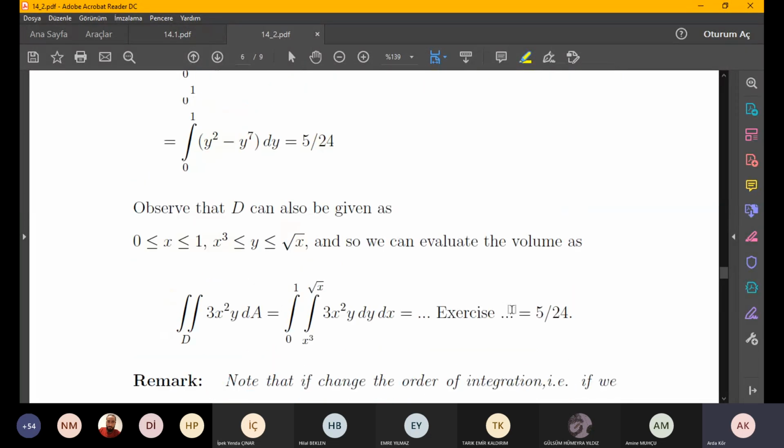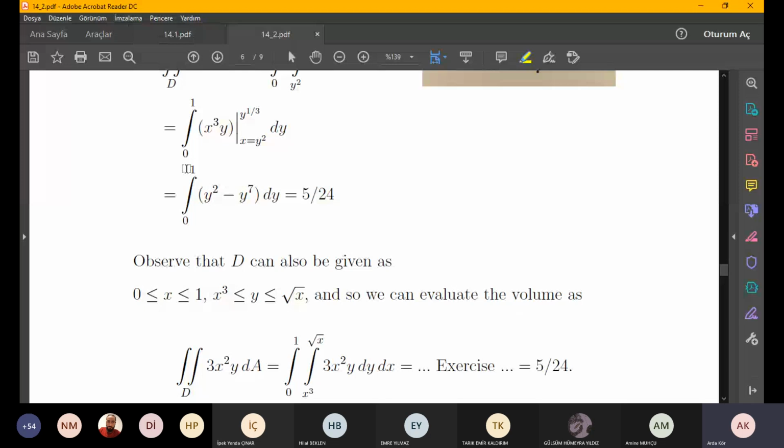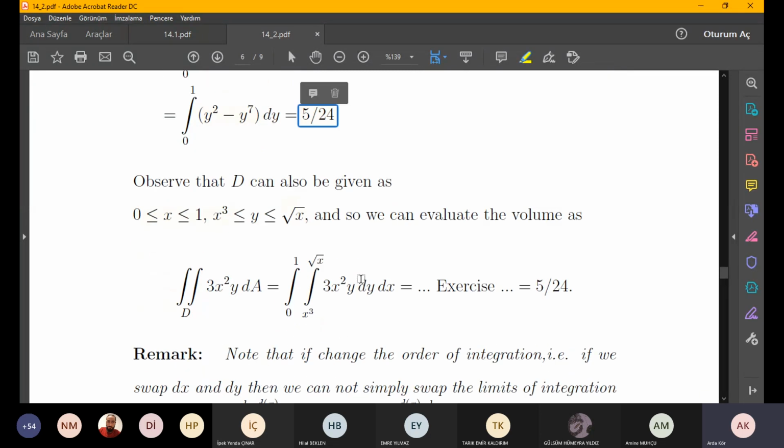As we already found the volume here as 5 over 24, by swapping dx and dy, so integrating first by y and then x, you can also see this has to be 5 over 24 by changing the order of integration.